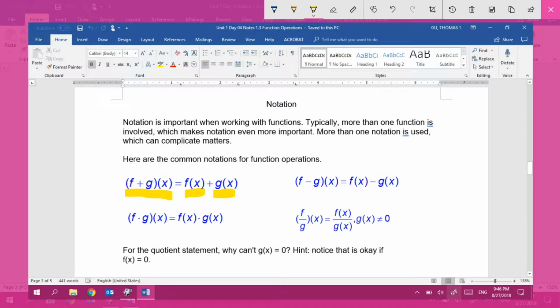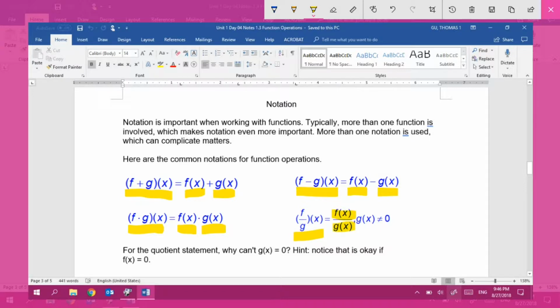F minus g of x is the same thing as saying f of x minus g of x. F times g of x is the same thing as saying f of x times g of x. And lastly, f over g of x is the same thing as saying f of x over g of x.